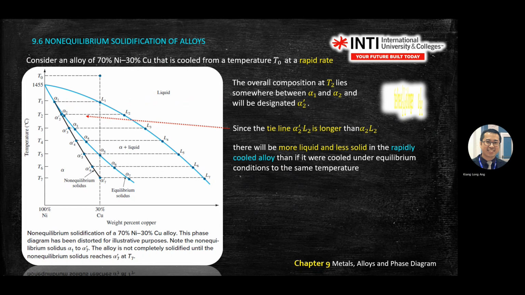So here to here will have alpha and liquid also. Right? So that's why you see on the slide it mentioned that when you rapidly cool down, you will have more liquid compared to the equilibrium one.